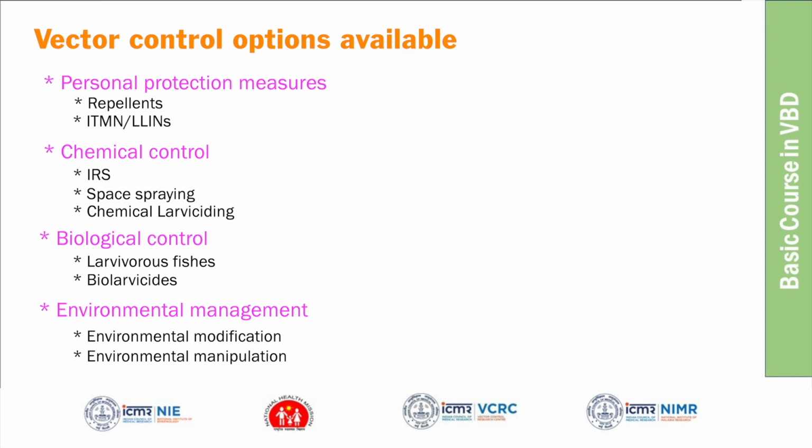Then you might know that biological control agents, larvivorous fishes and BTI biolarvicides, are also used. In addition, in dengue control, we mainly rely on source reduction activities, which come under environmental management.